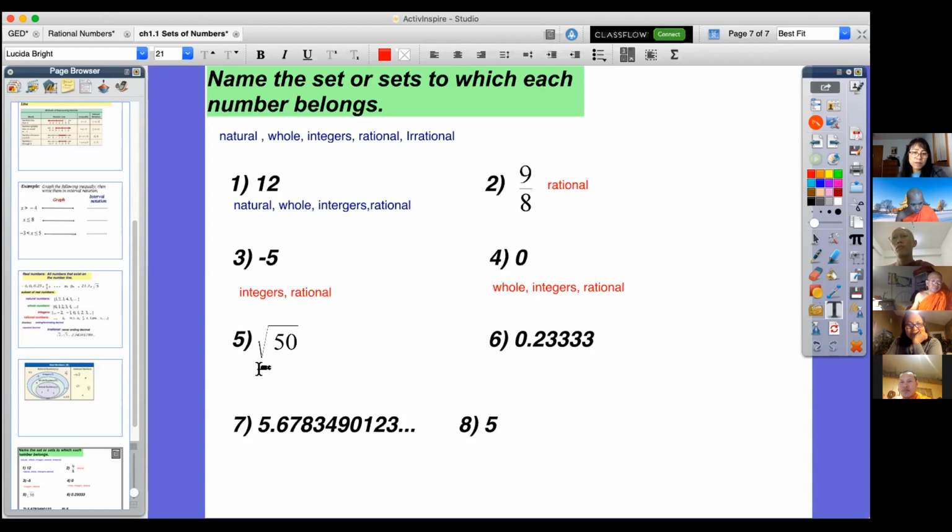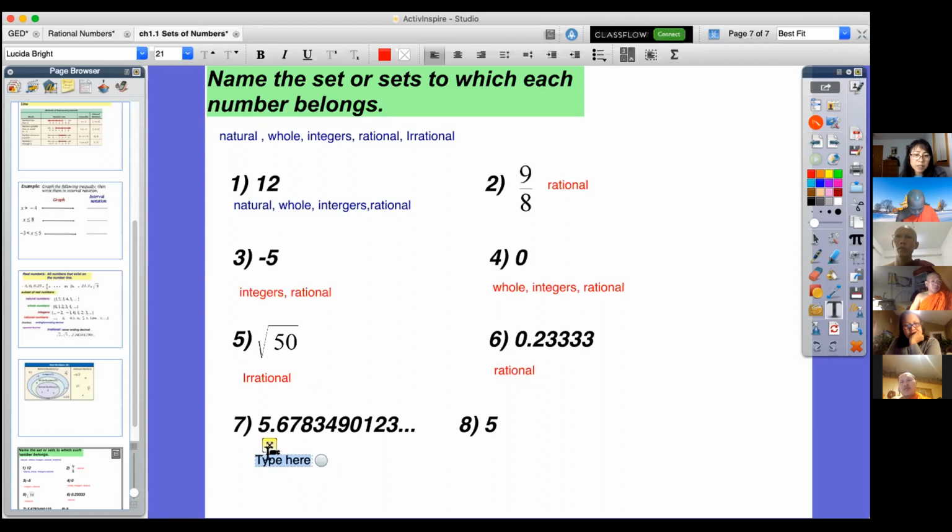What about number 5? Is it a rational number? Irrational. Yep, irrational. What about number 6? Rational, because you repeat the 3s.